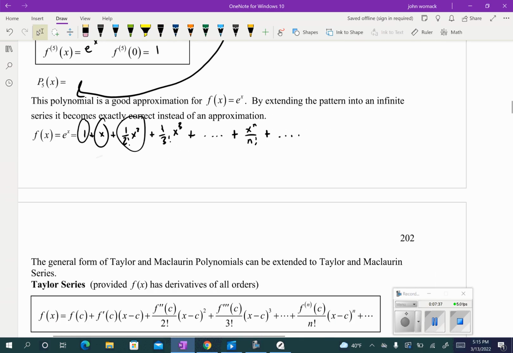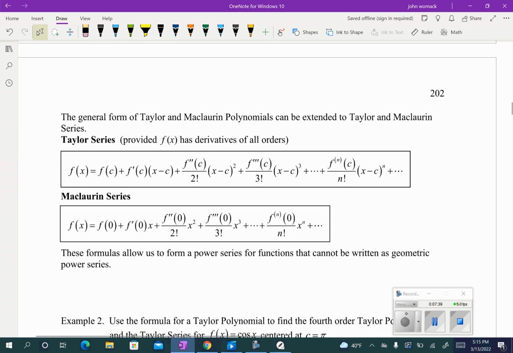So what happens here is if we take the general form of the Taylor and the Maclaurin polynomials and we extend them out, we end up with these series. So here's the Taylor series. Now, this only works if f of x has derivatives for all orders. Or the Maclaurin series, same thing. All I'm adding on there is that I have to extend it out to infinity.